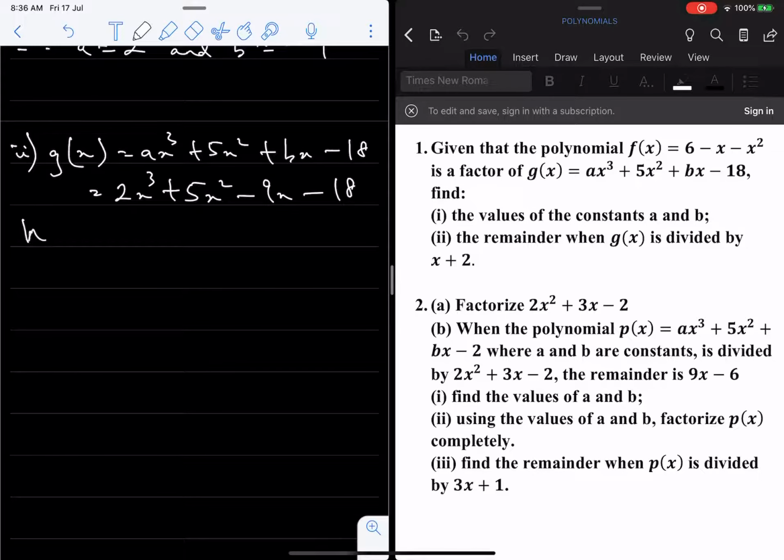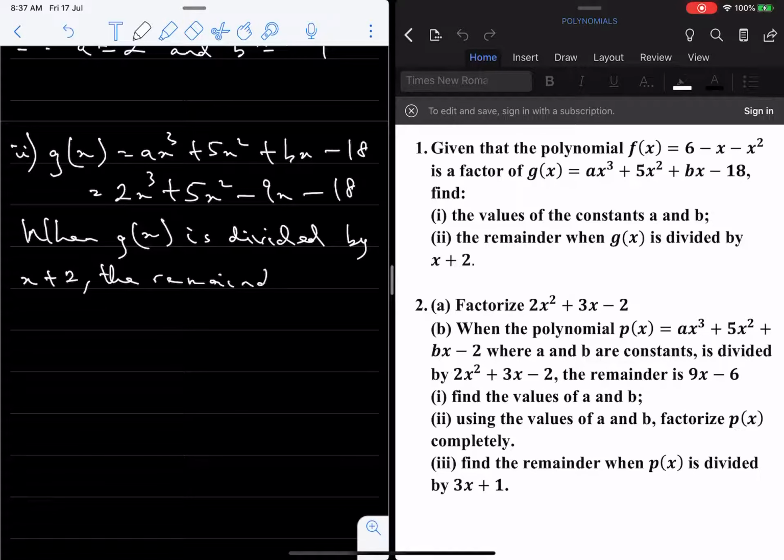Now, when g of x is divided by x plus 2, we have to find the remainder.